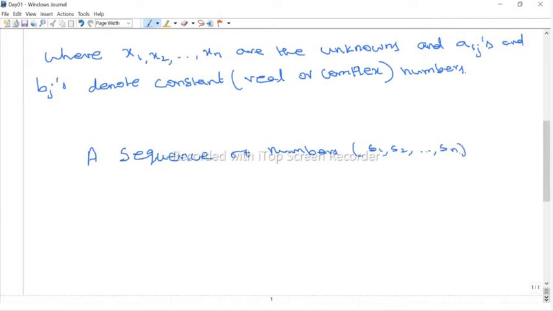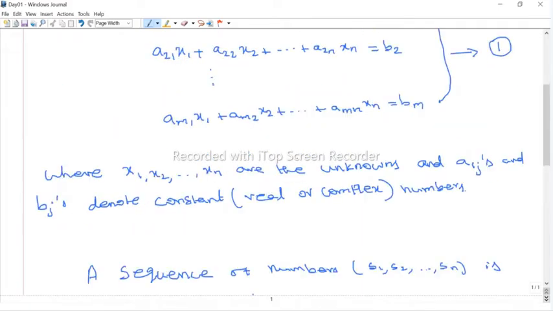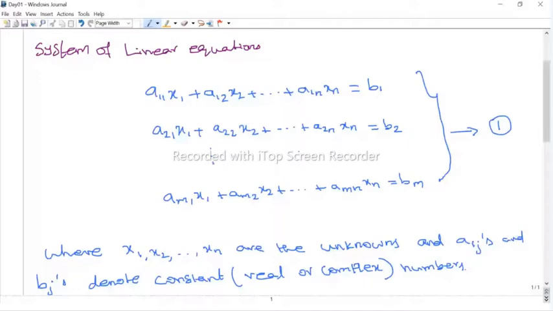A sequence of numbers is called a solution of the system if it satisfies all the equations simultaneously. Usually we call a system of equations simply a system. System means we have a set of equations.